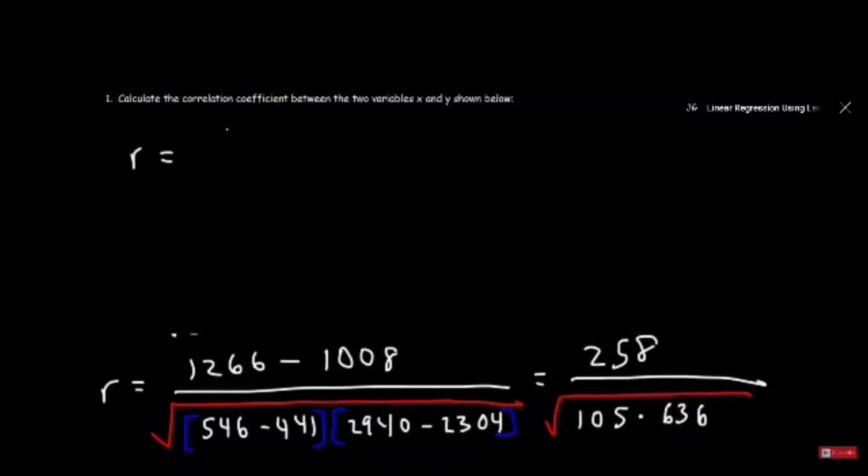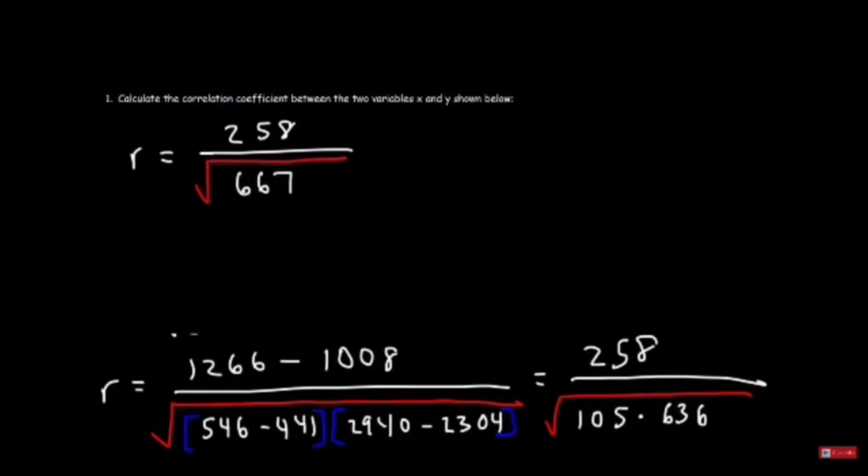So far we have r is equal to 258 divided by the square root. And now let's multiply those two numbers. So 105 times 636, that's 66,780. So if we take 258 and divide it by the square root of 66,780, we get an r value of 0.998.